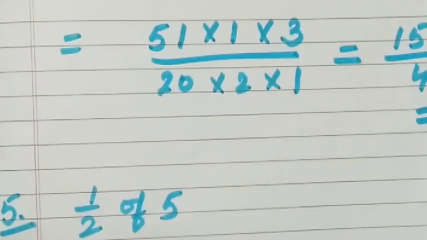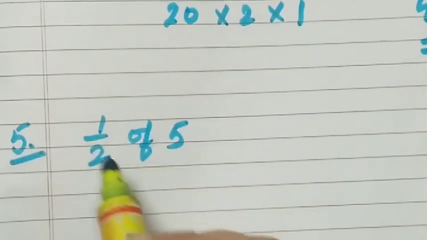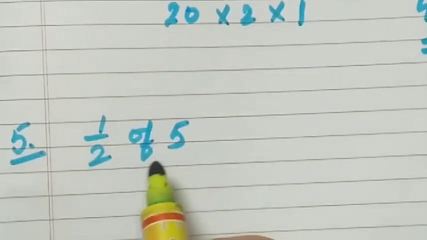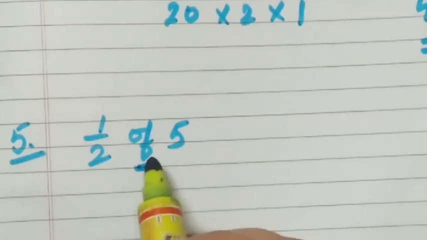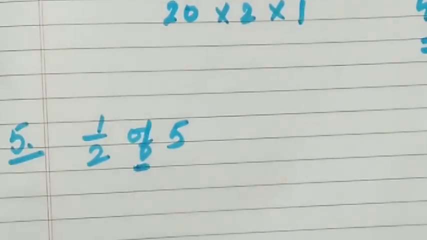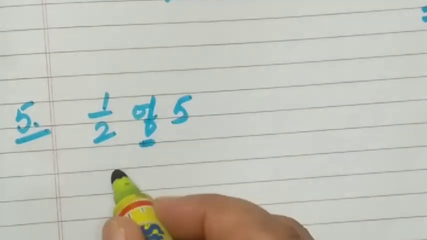Let's move to the next example, where I have taken a multiplication of two fractions where you will see the word "of". Children, "of" means multiplication. The word "of" represents multiplication. You have to remember this. Now simply solve this.